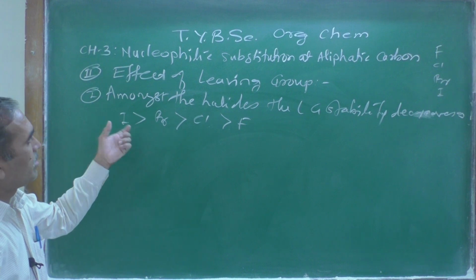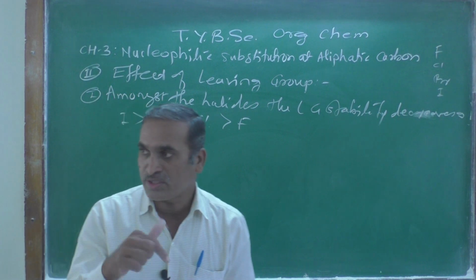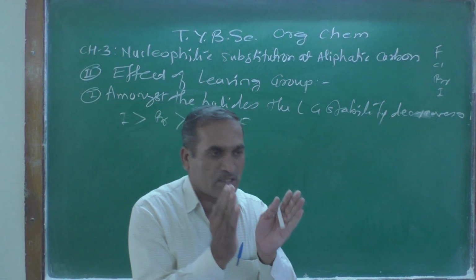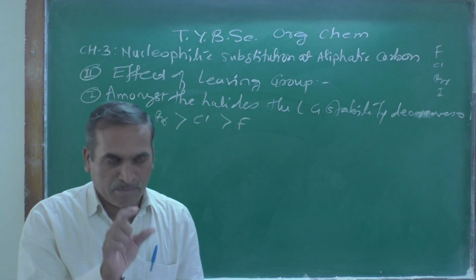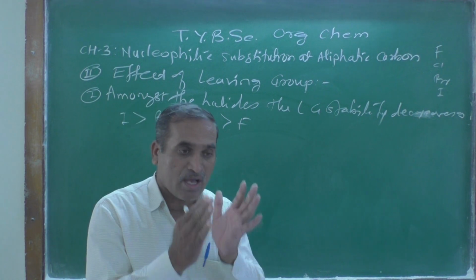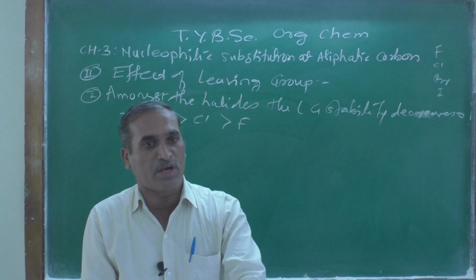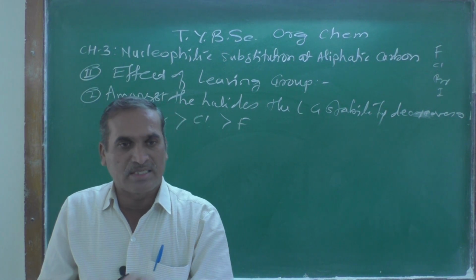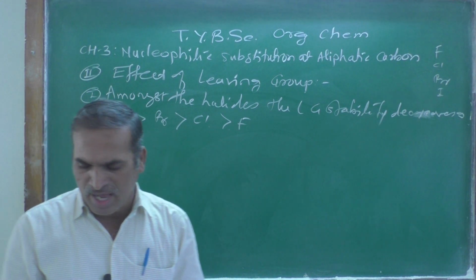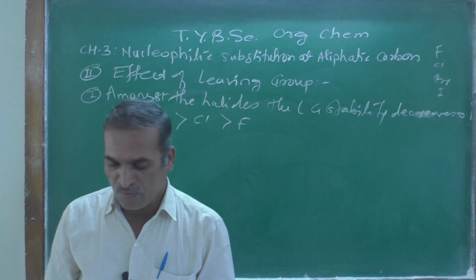It means iodine has a greater stability. It can depart very easily, since the energy required to break the bond between carbon and iodine is minimum, and therefore it departs easily and it is a good leaving group, as well as a good nucleophile also.